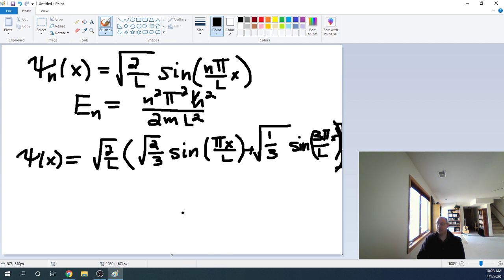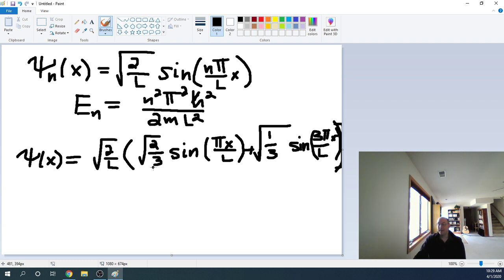So if I were to ask you what is the energy of this particle, you couldn't say definitely it was the energy for n equals 1, and you couldn't say specifically that it was n equals 3. You know it's one of those two energies.